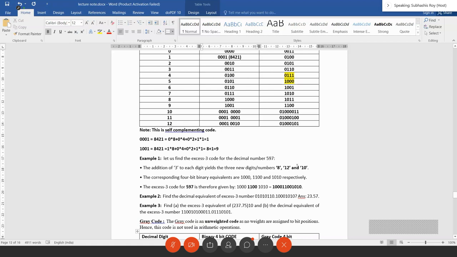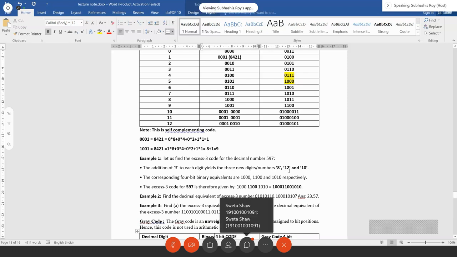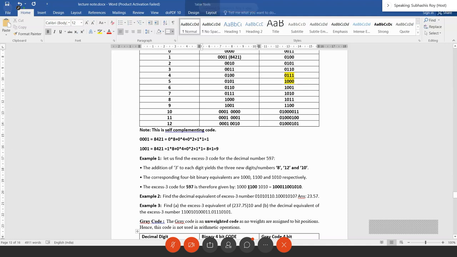So you can get 10, 11, 12. In those cases, don't get confused that you need to represent those numbers with the help of an 8-bit combination. What you have to do is just convert that number into straight binary format. So 8 plus 4 means this is 1100 for 12. 10 means 1010. Okay, so this is the code for 597.